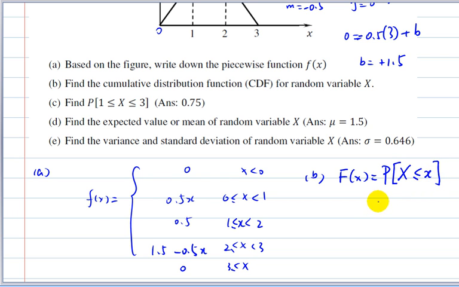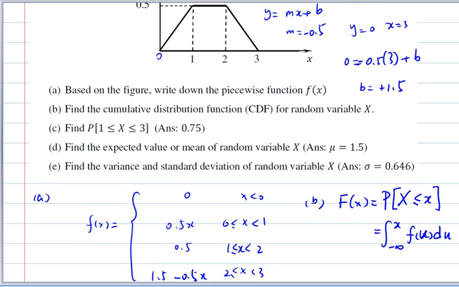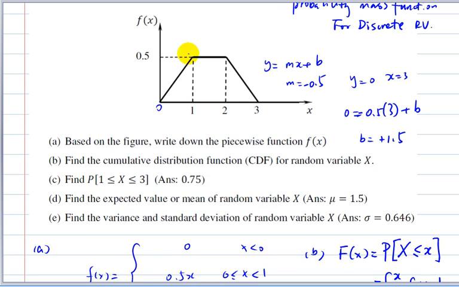In terms of equation, it's the integral from negative infinity to x of f of u du. That represents the probability when X is less than this value, and to calculate that, you need to calculate the area from negative infinity to the value of x, underneath the curve f of x.